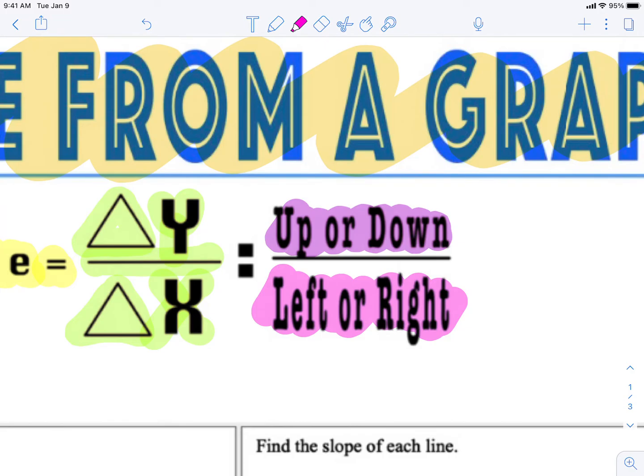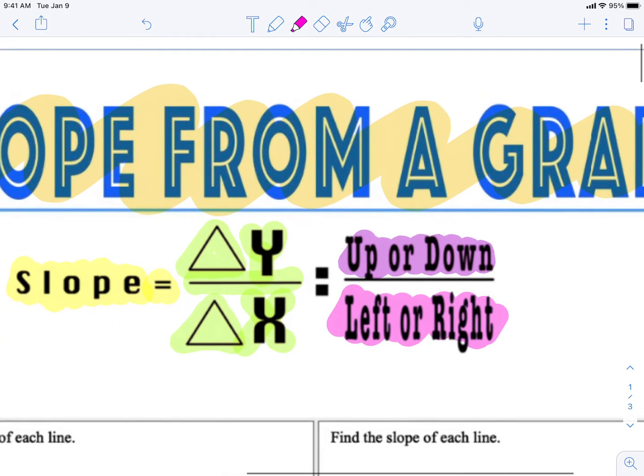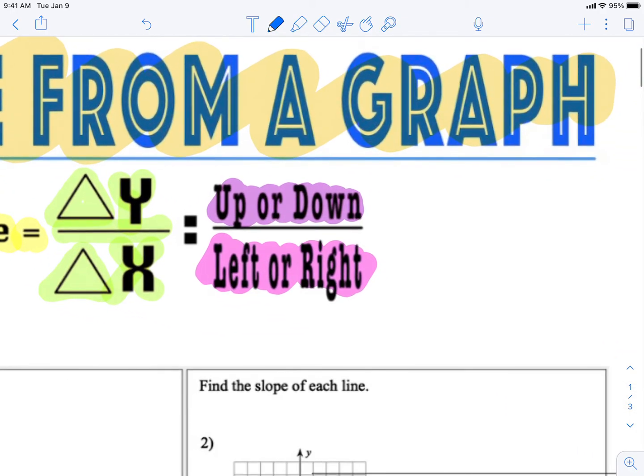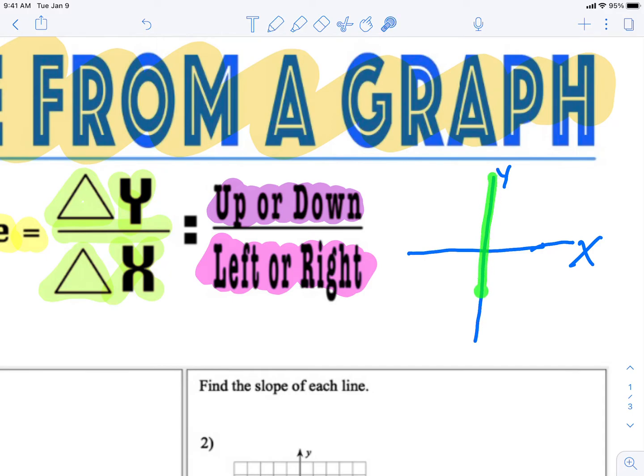When I say delta x, you move left or right. And that, kiddos, is related to our graph. As everyone will remember, this is the y-axis and this is the x-axis. And if you notice, the y-axis is up and down, delta y. The x-axis is left and right, delta x.